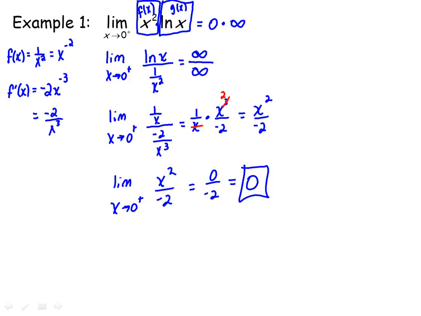Now what I want you to do is I just want you to think. What would happen if right here, when I changed the form, I had done x squared on top and 1 over the natural log of x? If x squared was on top, you'd have 0 over 1 over infinity. Any number over infinity is also 0. So you get 0 over 0.